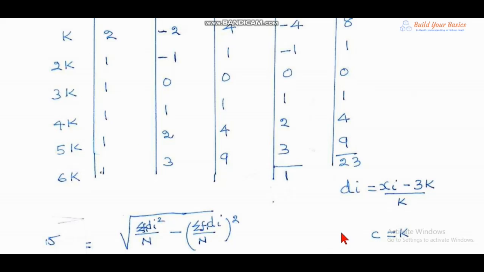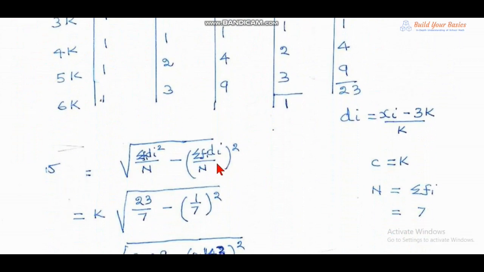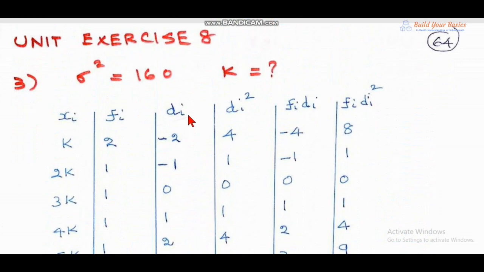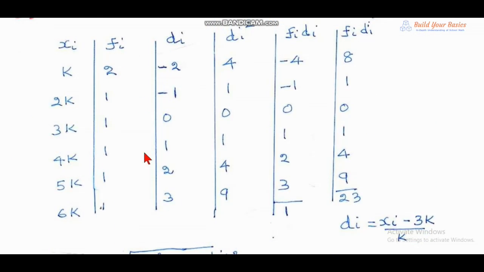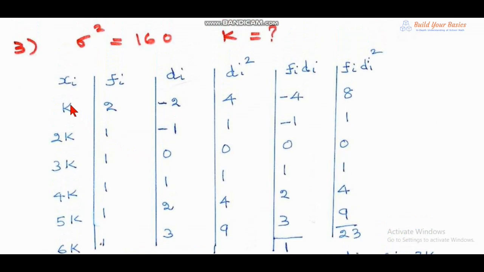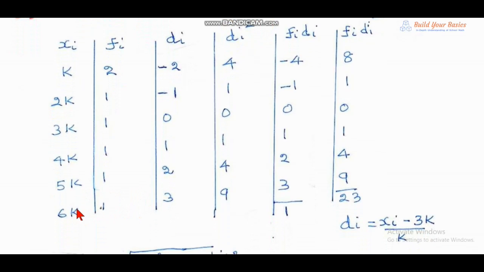Now we will open the di column because we want di. What is di? Xi minus 3k divided by k. So k minus 3k divided by k, that is minus 2. 2k minus 3k divided by k, that is minus 1. 3k minus 3k divided by k, 0. 4k minus 3k divided by k, that's 1. 5k minus 3k divided by k, that is 2. 6k minus 3k whole divided by k, that is 3.